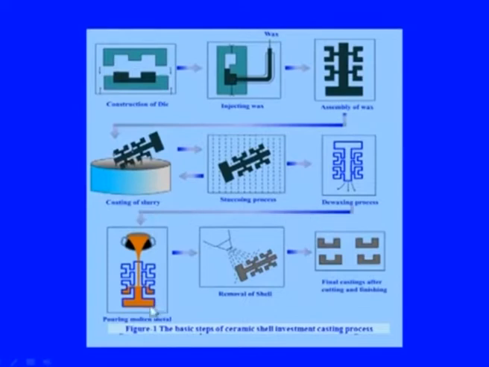Now, the mold is ready for pouring, where the molten material is poured like this, and this is followed by the shell removal process, which finally gives the products like this.